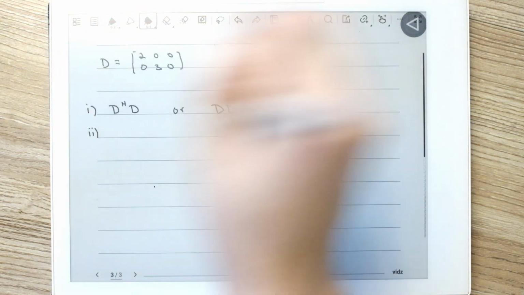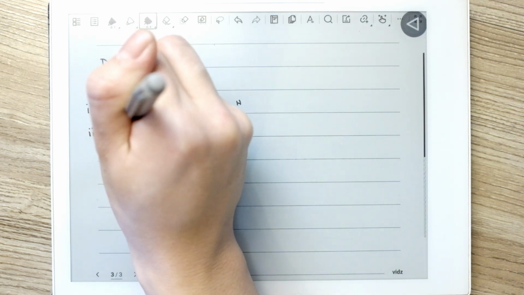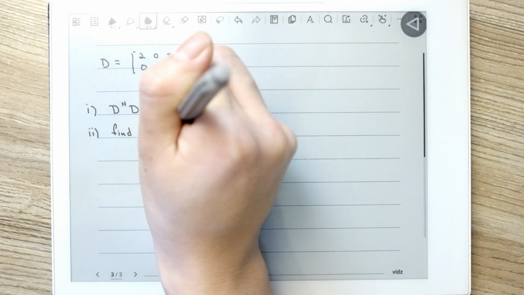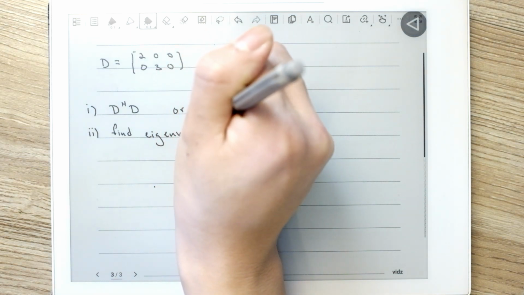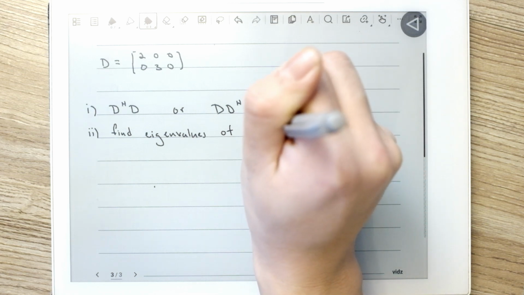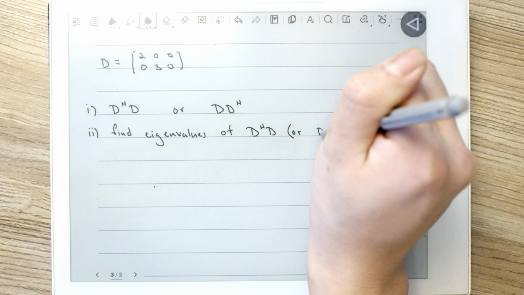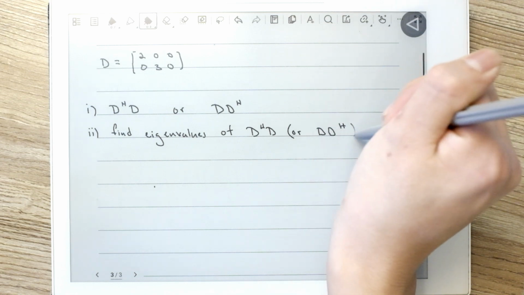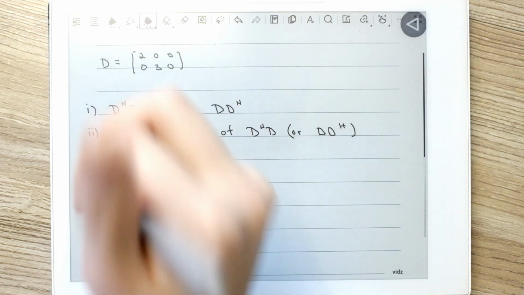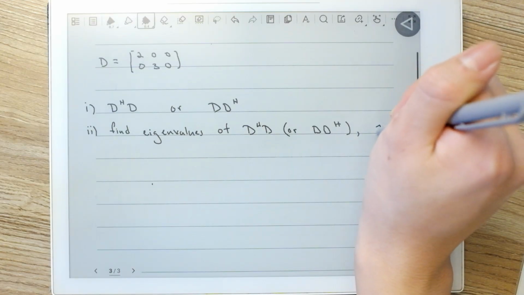The second step is, once we construct these matrices, or one of these matrices, we want to find the eigenvalues of D^H D or of D D^H. Once we find the eigenvalues, let's call these eigenvalues lambda i.